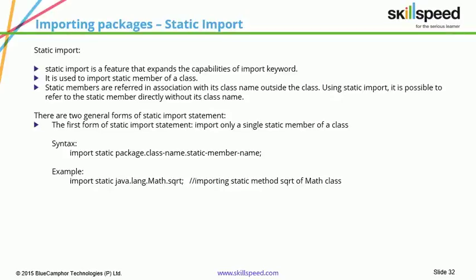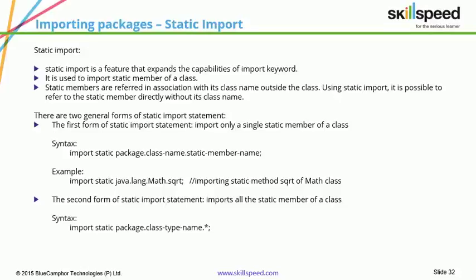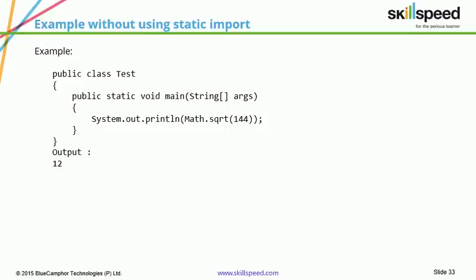Here we are importing the static method square root of the Math class. The second form of static import statement is to import all the static members of a class. Syntax: import static package.classtypename.*. Example, import static java.lang.Math.*. Here we will import all the static members of the Math class.